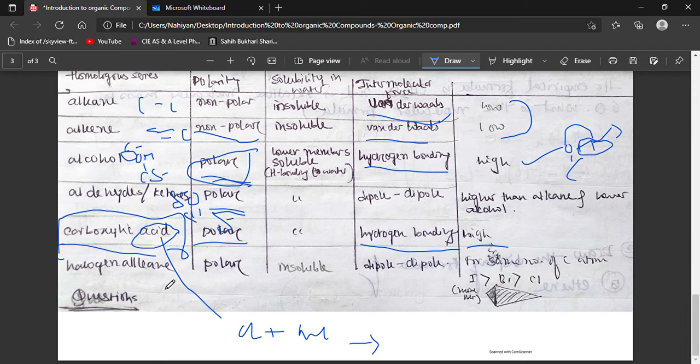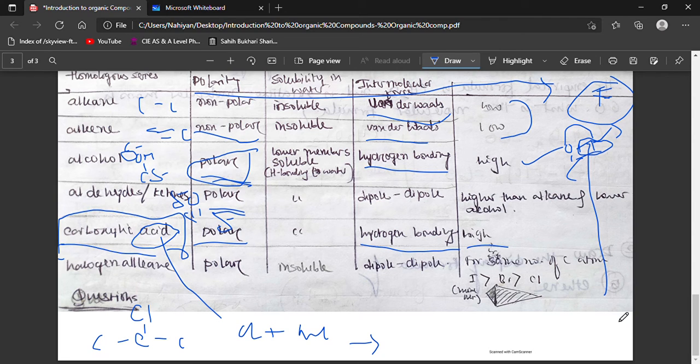Moving on to a halogenoalkane. As I said earlier, instead of an H, you have a group 7 atom substituted. For instance, you have a Cl here. We know that Cl is also very highly electronegative. The more you move across the period towards group 7, towards fluorine, the electronegativity of the atom increases.